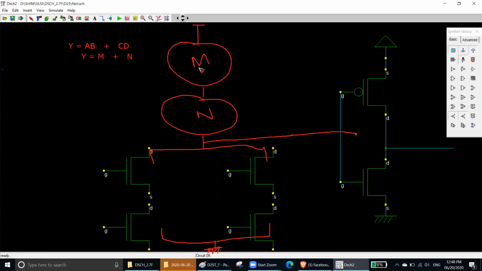For M, M means what? M is AB, right? For PMOS, see, M is AB, right? Now AB is multiplied. For multiplication, PMOS is what? PMOS? Parallel. So these two, AB, should be parallel here.